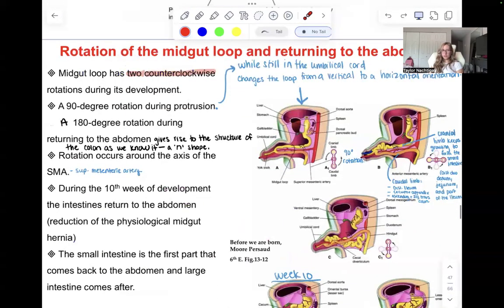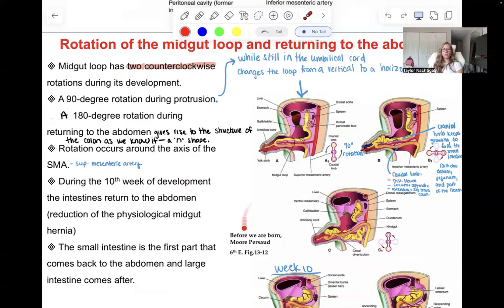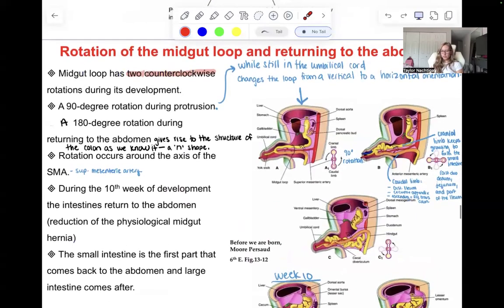Okay, rotation. I actually have a bit of a video that I found on YouTube that explains this so much better than what we can figure out with all these photos. But we'll go through the text first and then I'll switch screens to show you that. Throughout development, the midgut loop is going to end up rotating counterclockwise on two occasions.